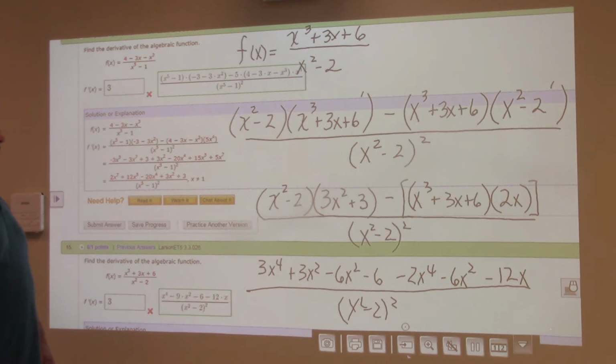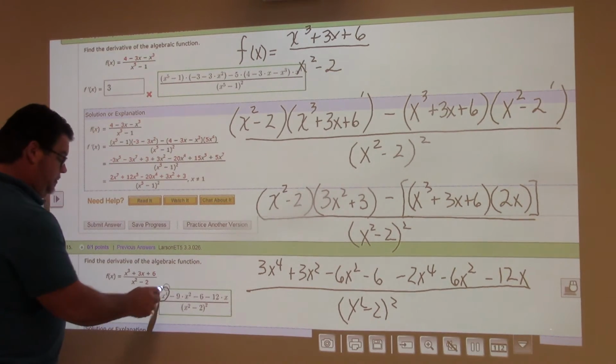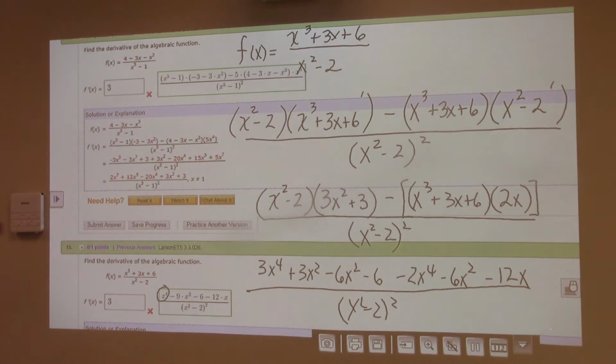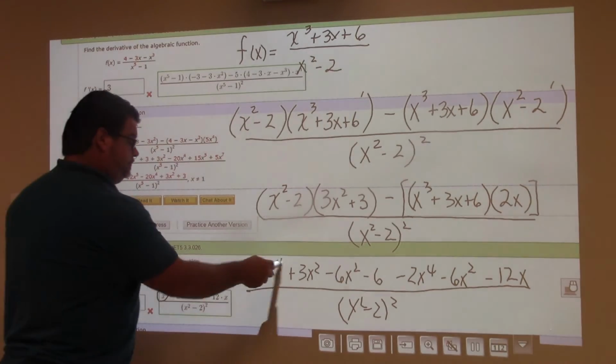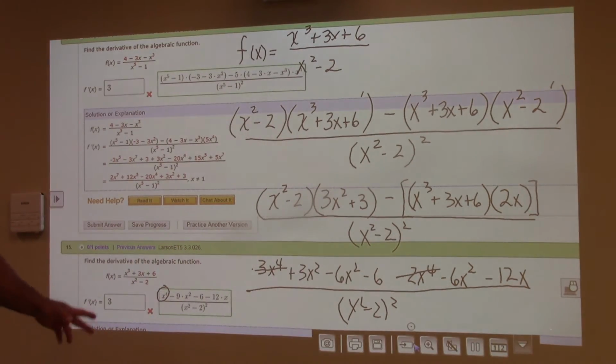3x to the fourth minus 2x to the fourth is x to the fourth. 3x squared minus 6x squared is negative 3x squared. Negative 3x squared minus 6x squared is negative 9x squared.